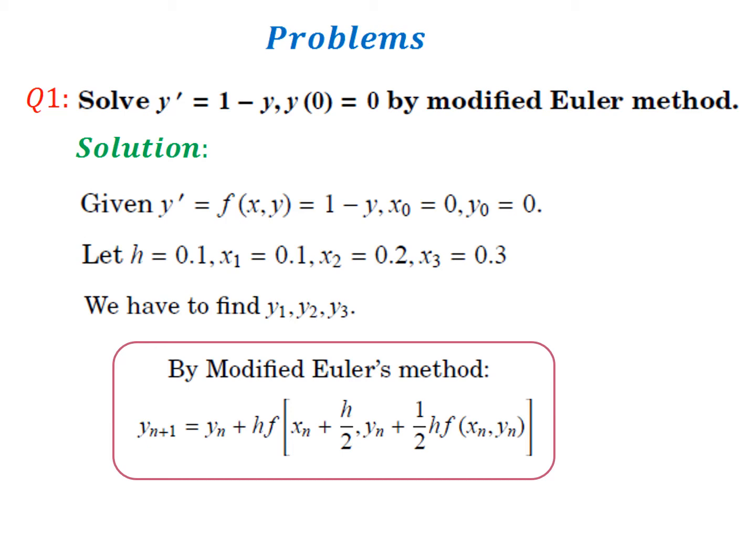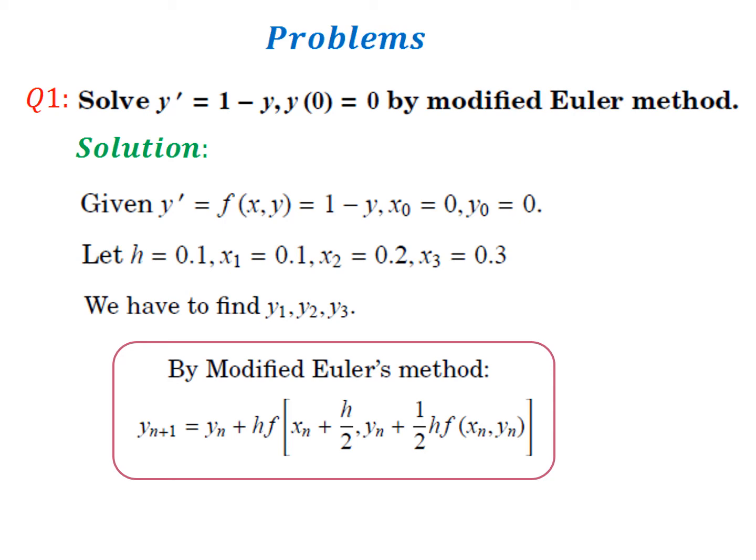Look at this problem: they have not mentioned what value we need to find, and they have not given the interval length. Suppose they ask this as an 8 mark question, you must do at least 3 iterations.